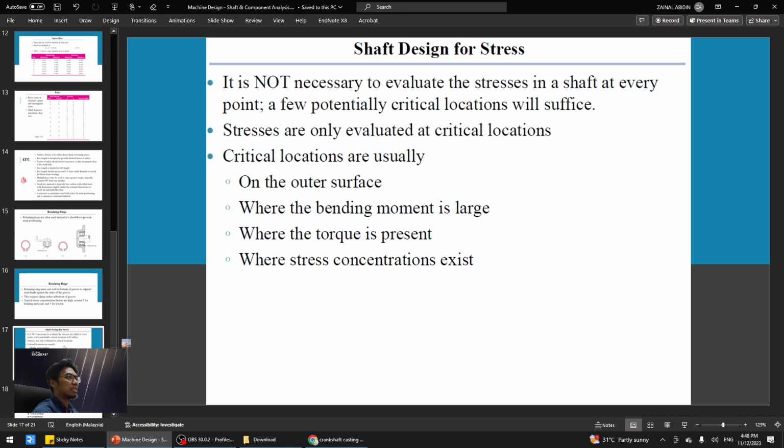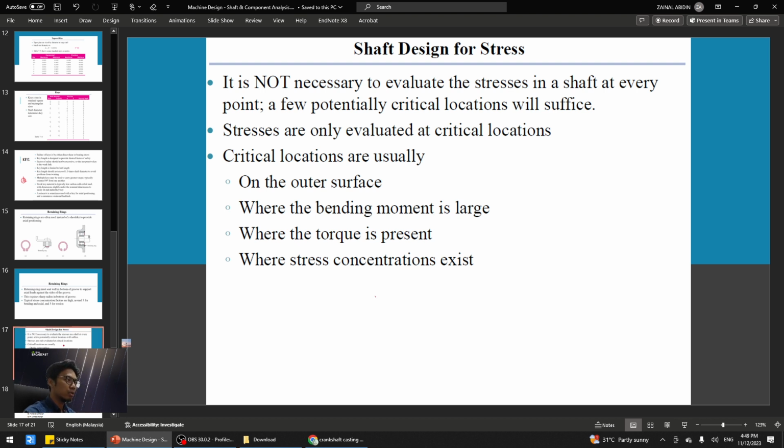On the keys, on the design, on the shaft design, it is not necessary to evaluate the stress in a shaft at every point. Kalau you design shaft, semestinya penting untuk awak buat analisis untuk setiap point.